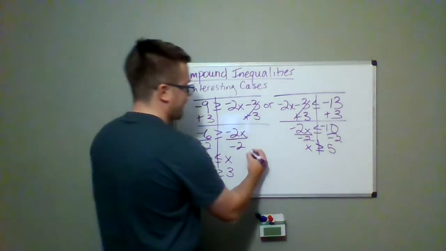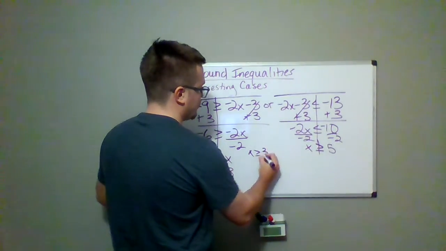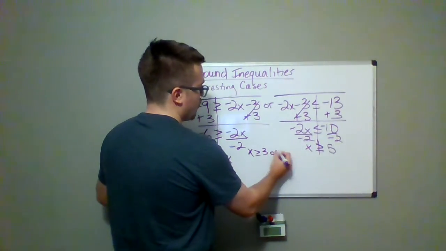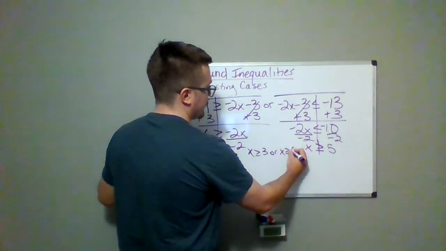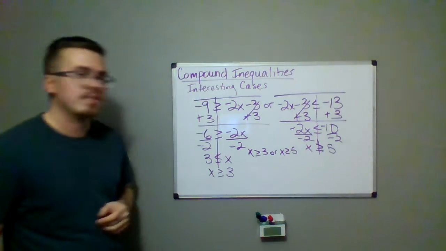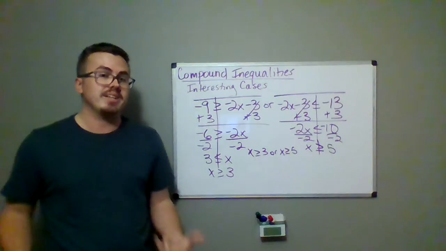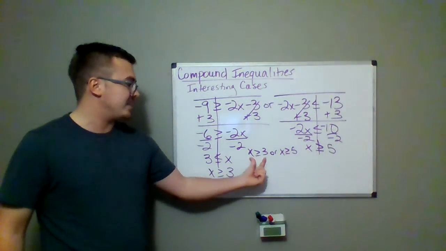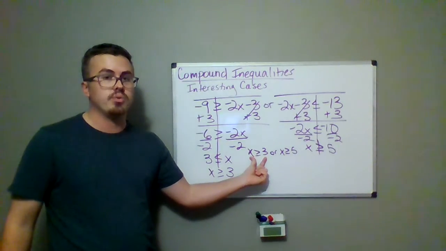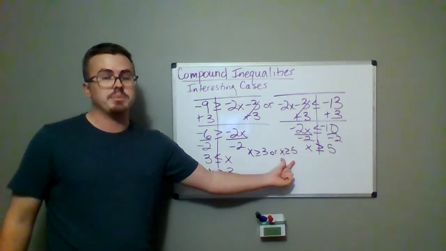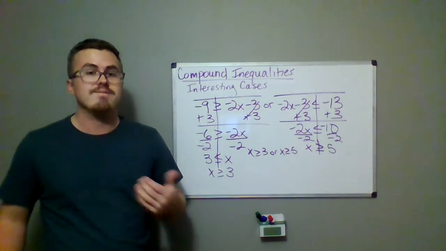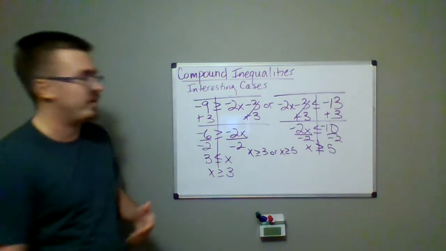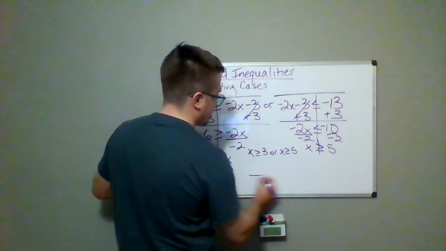So right now I've got x is greater than or equal to 3, or x is greater than or equal to 5. Now, in order for this inequality to be totally true, it either has to be greater than or equal to 3, or it has to be greater than or equal to 5. So let's look at what this looks like on a graph.